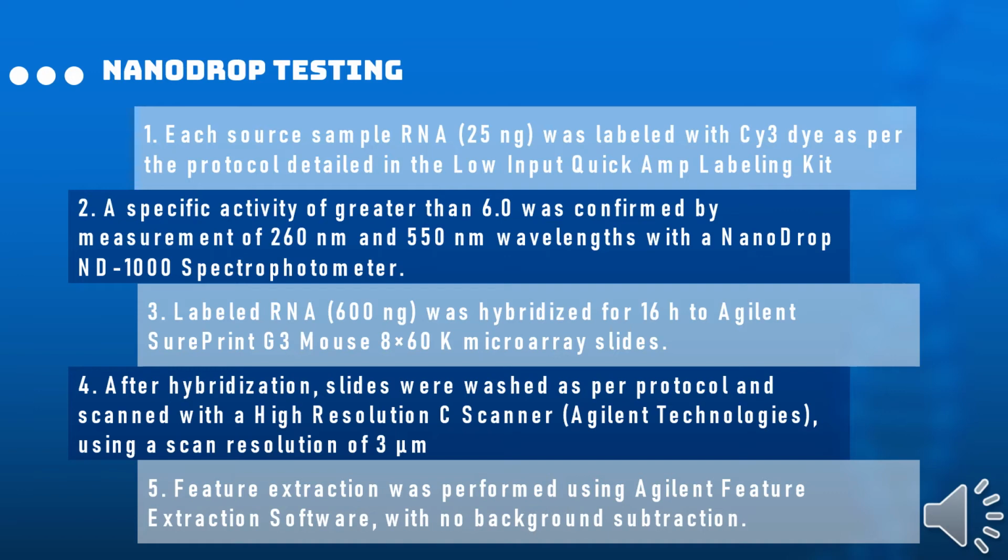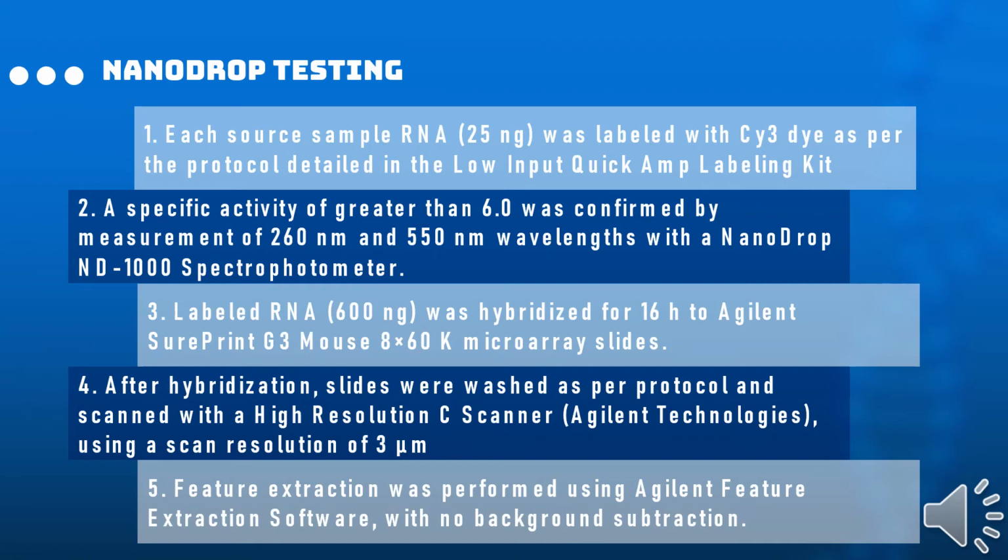Second, a specific activity of greater than 6.0 was confirmed by measurement of 260 nanometer and 550 nanometer wavelengths with a NanoDrop ND-1000 spectrophotometer. Third, labeled RNA was hybridized for 16 hours to Agilent SurePrint G3 8x60K microarray slides.